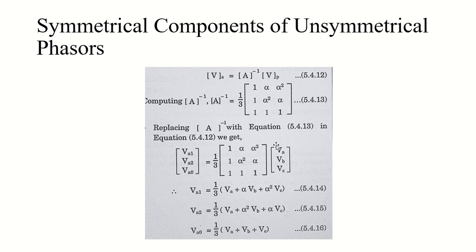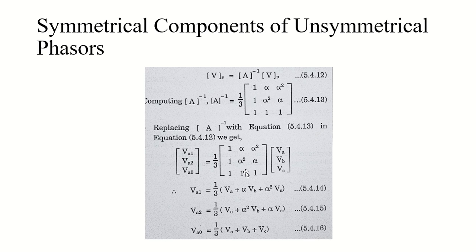We want to find the value of VP from VS, so now you have to find the value of A inverse. You already know the value of A, so you find A inverse. A inverse will be 1 by 3 times the matrix 1 alpha alpha square, 1 alpha square alpha, 1 1 1.